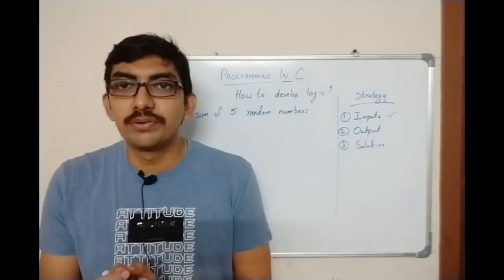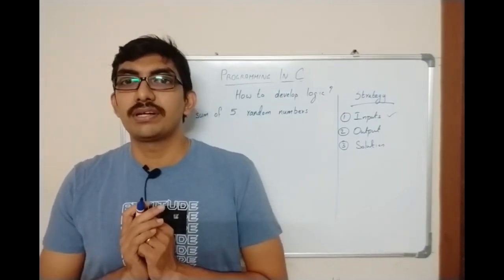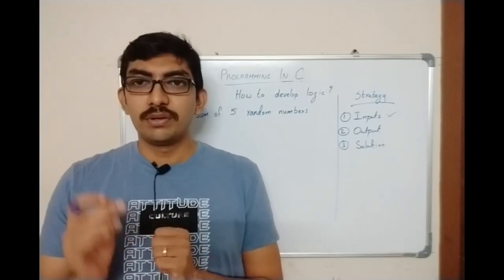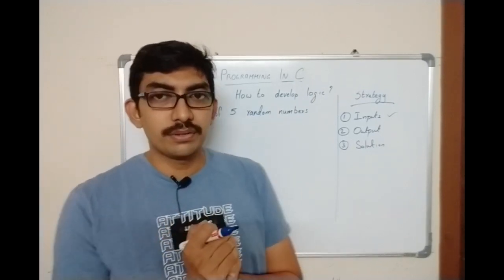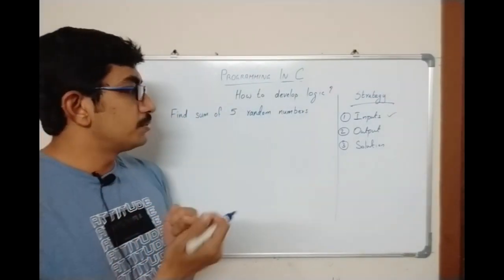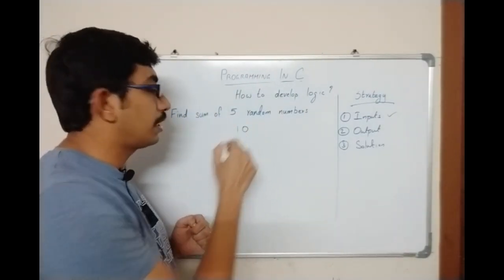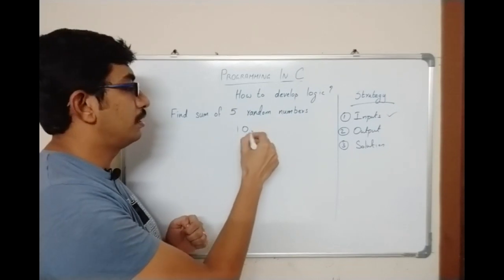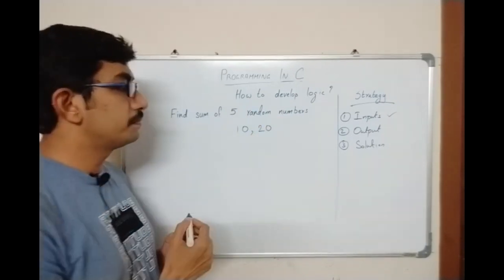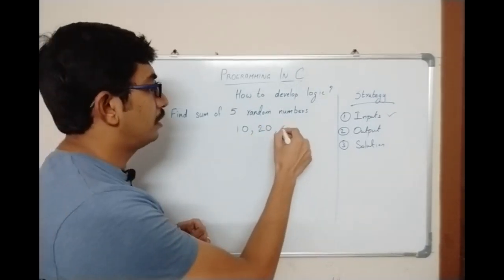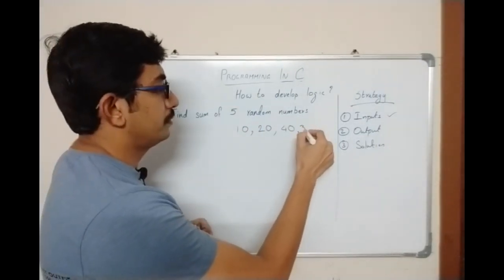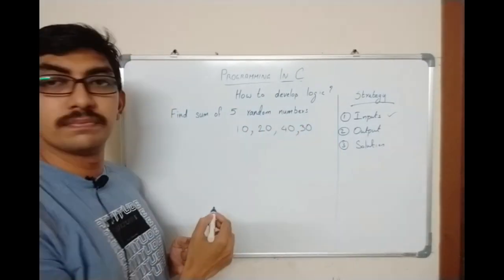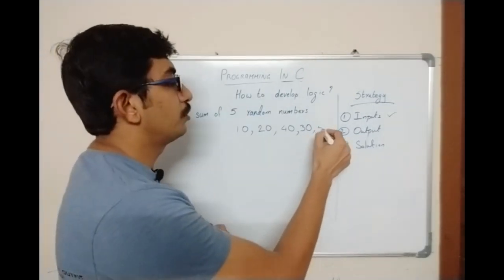Suppose I am going to tell you 5 numbers. What I need you to do is, in your mind, calculate the sum. Okay, I am going to tell the numbers. 10, 20, 40, 30 and 50.